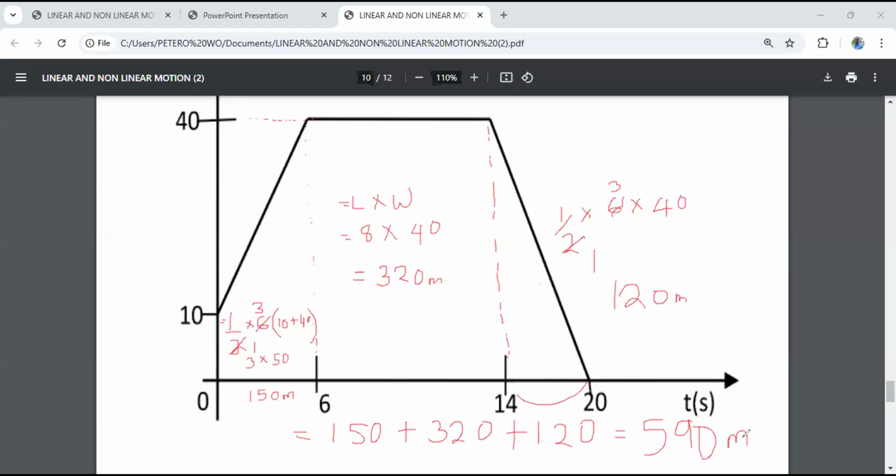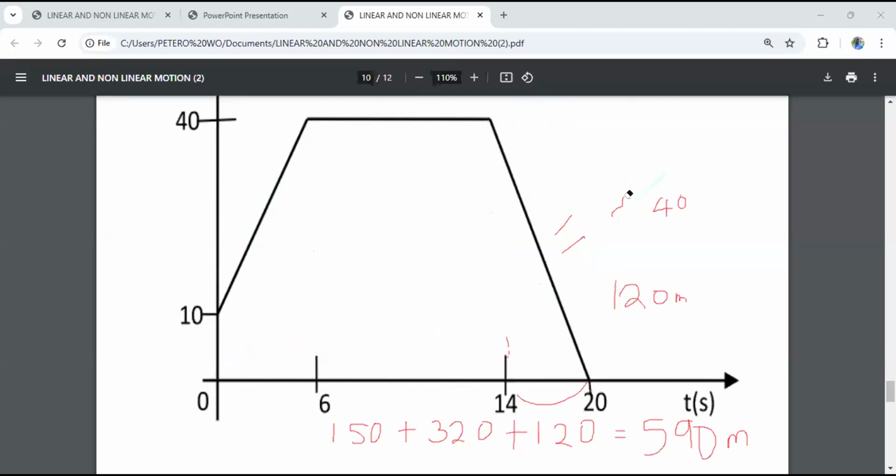Then the average velocity will be 590 divided by 20. And you will be getting 29.5 meters per second as your answer for that question that we are having there. So our distance is 590 and the time is 20, which gives us 29.5 meters per second as our average velocity.